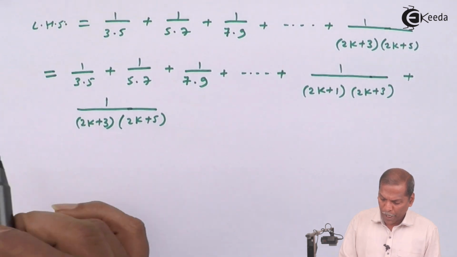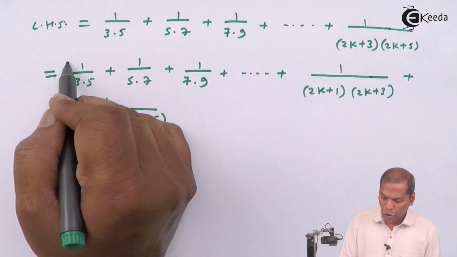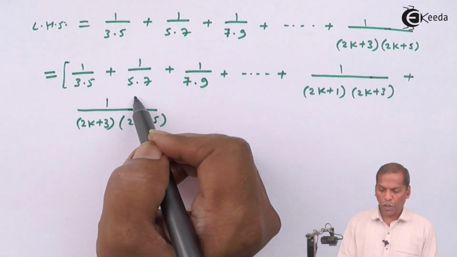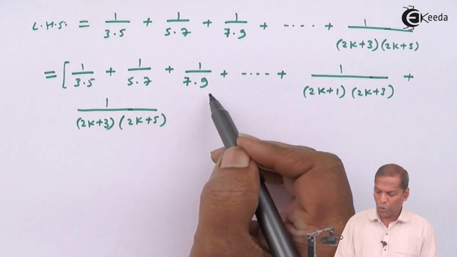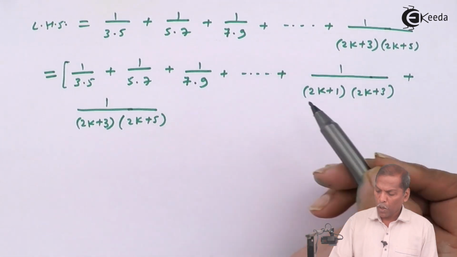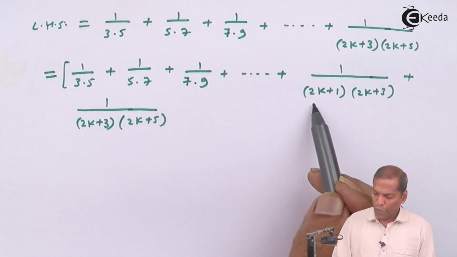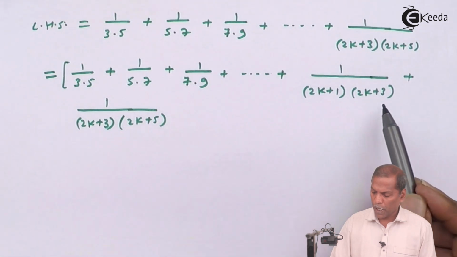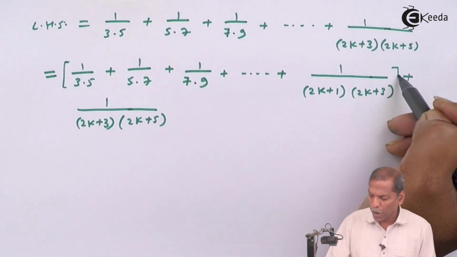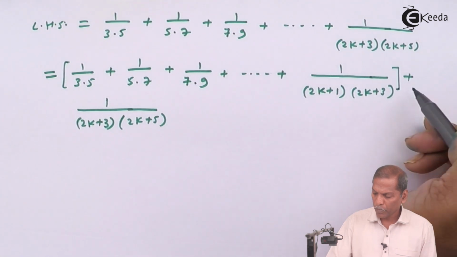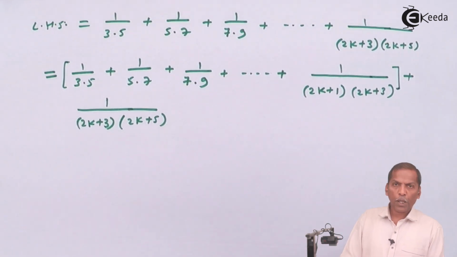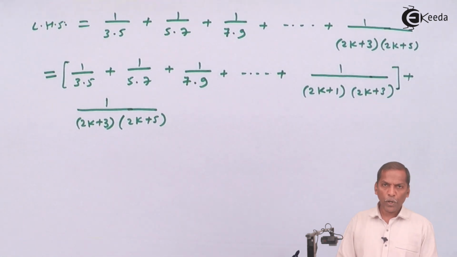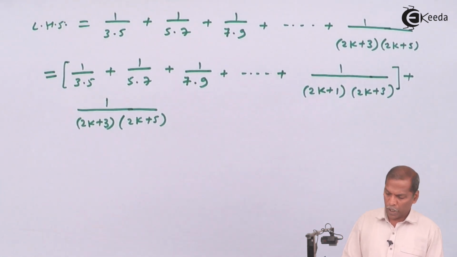Now here we make the bracket from 1 upon 3 into 5 plus 1 upon 5 into 7 plus 1 upon 7 into 9 plus dot dot plus 1 upon (2k plus 1) first bracket into (2k plus 3) second bracket. So here we have to close the square bracket. For this square bracket which we just closed, we use equation number 1.